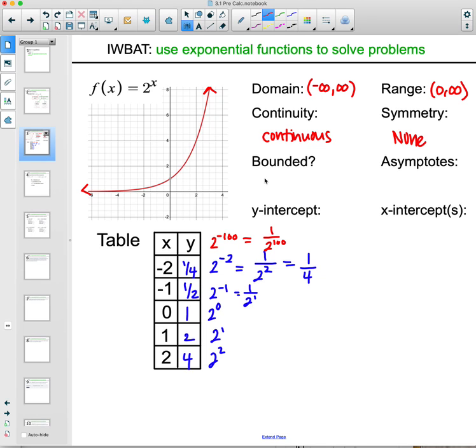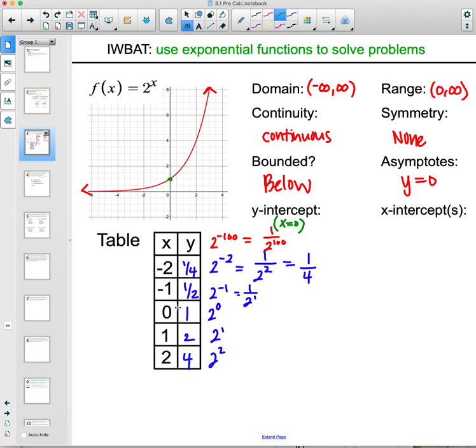It is bounded. It has a lower boundary. We said it can't go below y=0, which is our lower asymptote, because this side just keeps getting closer and closer and closer to y=0. The y-intercept is on this y-axis right here. This is also where you plug in x=0.